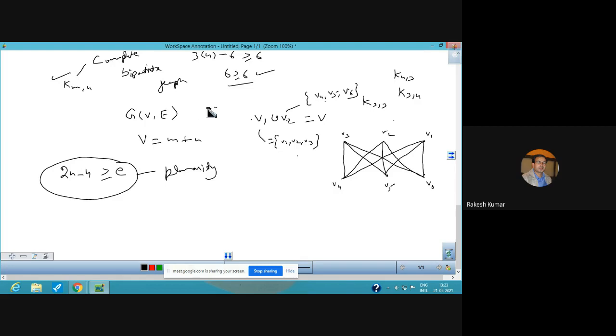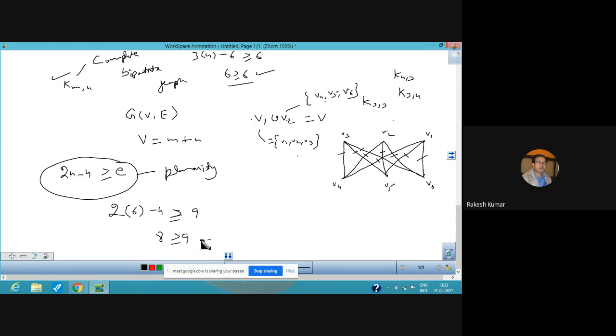So let us check how many verses there are. The verses are 6. So 2 into 6 minus 4 should be greater than or equal to E, the number of edges. 1, 2, 3, 4, 5, 6, 7, 8, 9. Probably 9. So 12 minus 4 comes out to be 8.